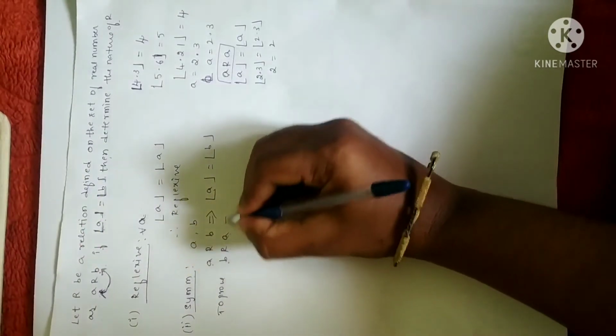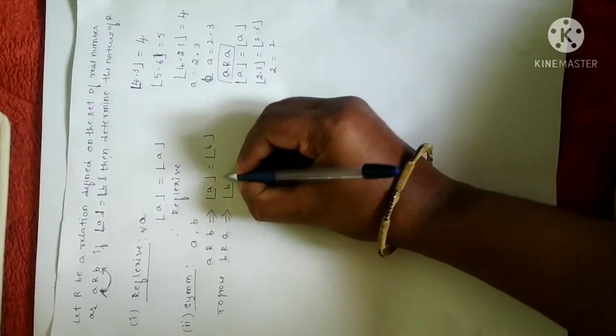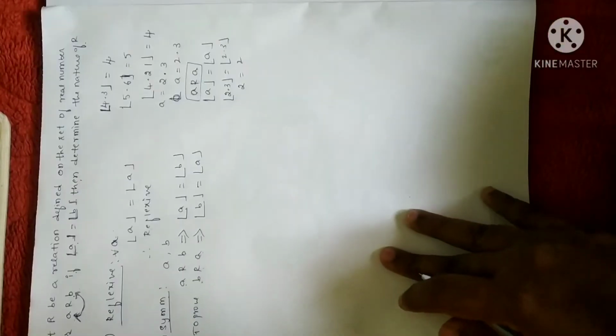If B is related to A, the meaning is that the floor of B will be equal to the floor of A. Now let me check, is it true or not?